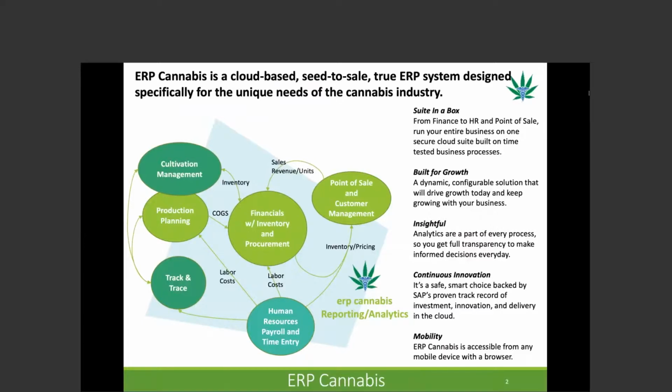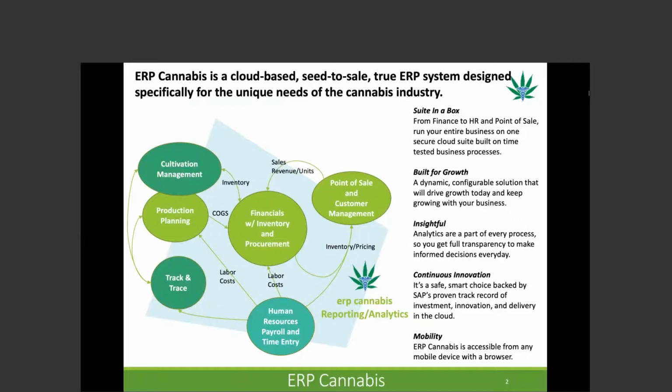So ERP Cannabis is a complete ERP solution, and as you can see from the diagram, the ERP solution was developed with the core financials, which includes inventory management and procurement.